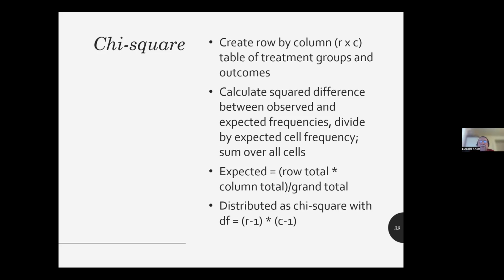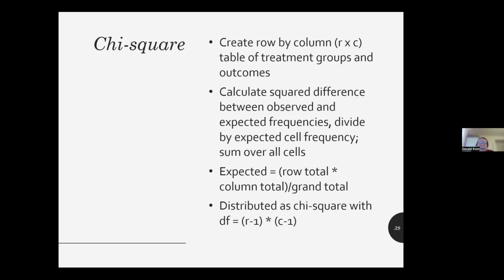It's the same kind of exercise, just a little different for the chi-square calculation. We calculate our expected values, which are row totals times column totals divided by the total sample size, and we subtract that from the observed frequency in each cell.